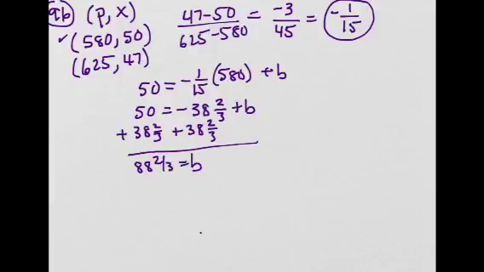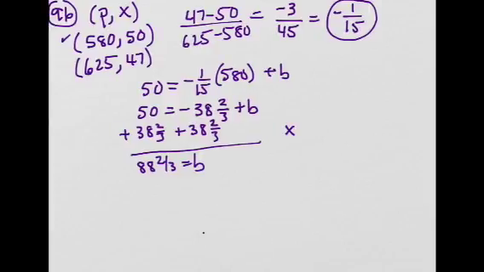So when I write my equation for this, it's X equals negative 1 over 15 P plus, now I'm going to write 88 and 2/3 as an improper fraction, so that's 266 over 3, because I multiplied 88 times 3 and then added 2.